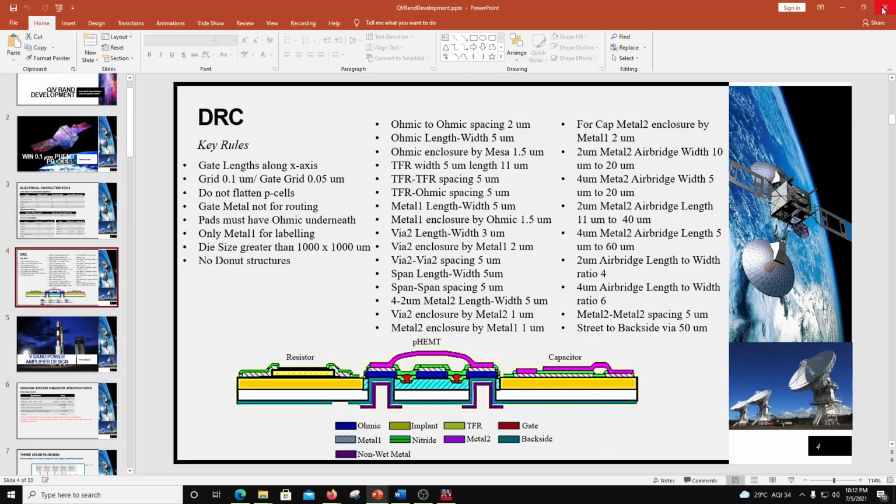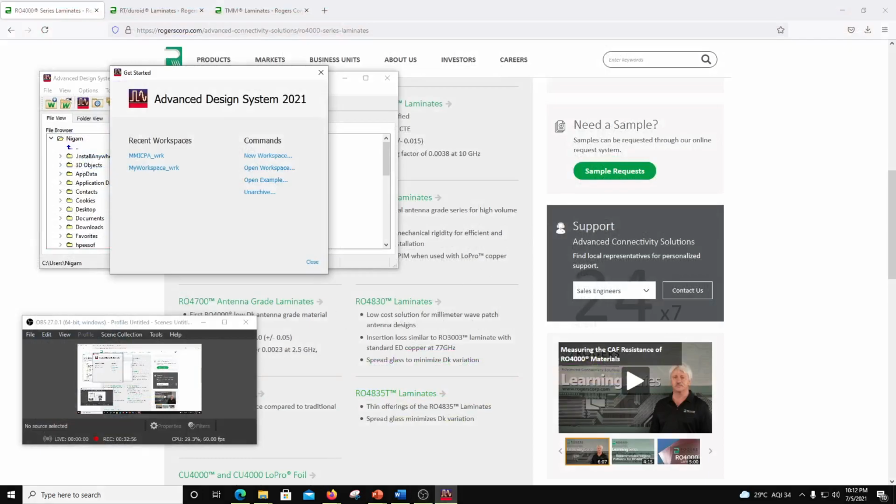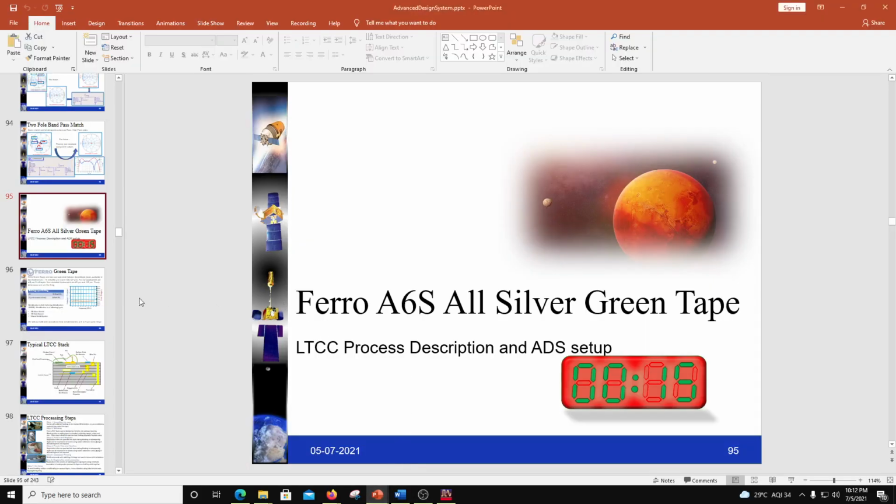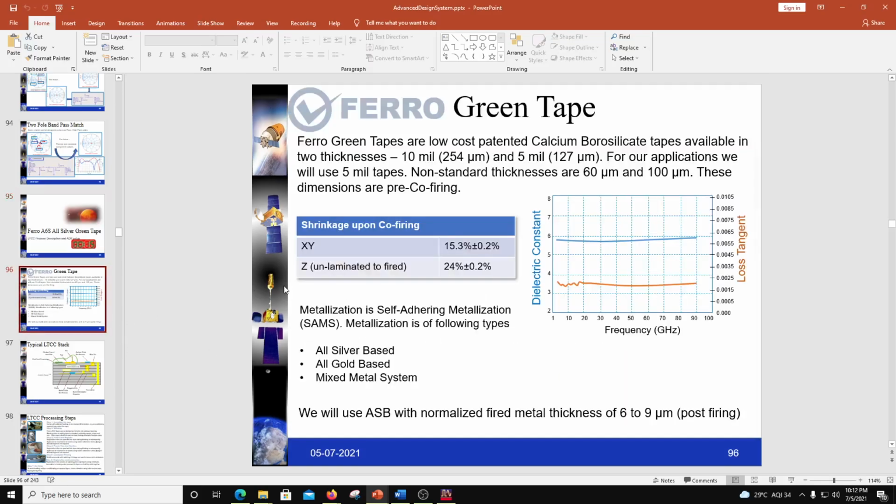Now for laminates, right? Let's put that aside. For laminates, you have got various options. One is called LTCC, or low temperature co-fired ceramic. The LTCC process is available from various manufacturers of what they call green tape.